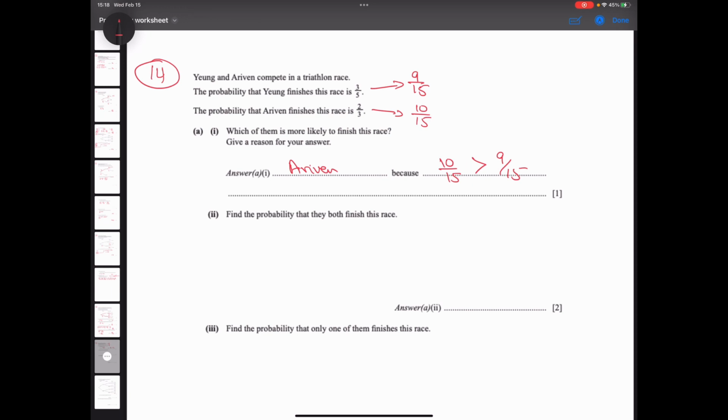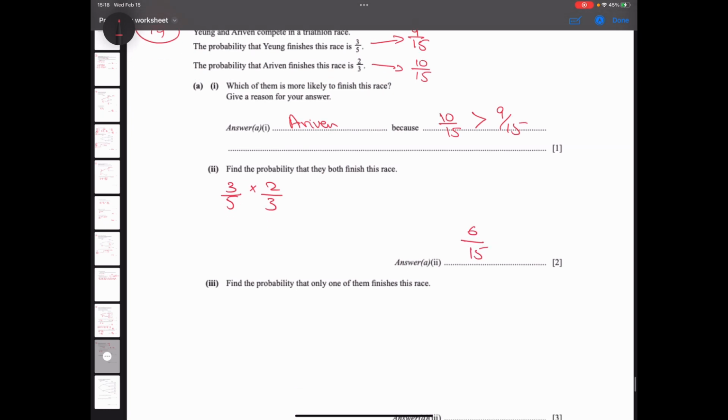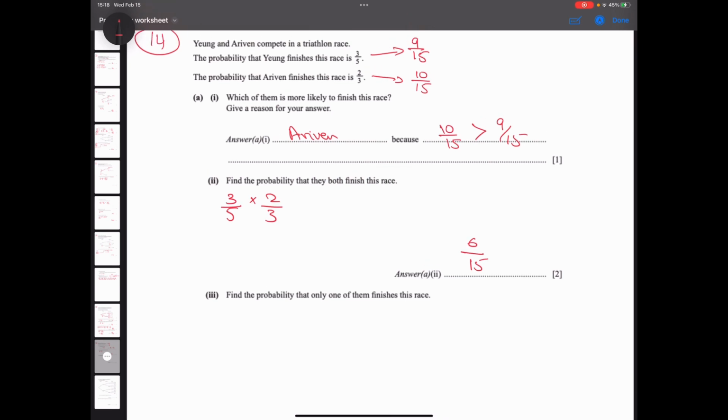Find the probability that they both finish. Both finish means that Young finishes and Arevan finishes. So that is 6/15. Only one of them finishes. So I'm going to say Young finishes is 3/5.